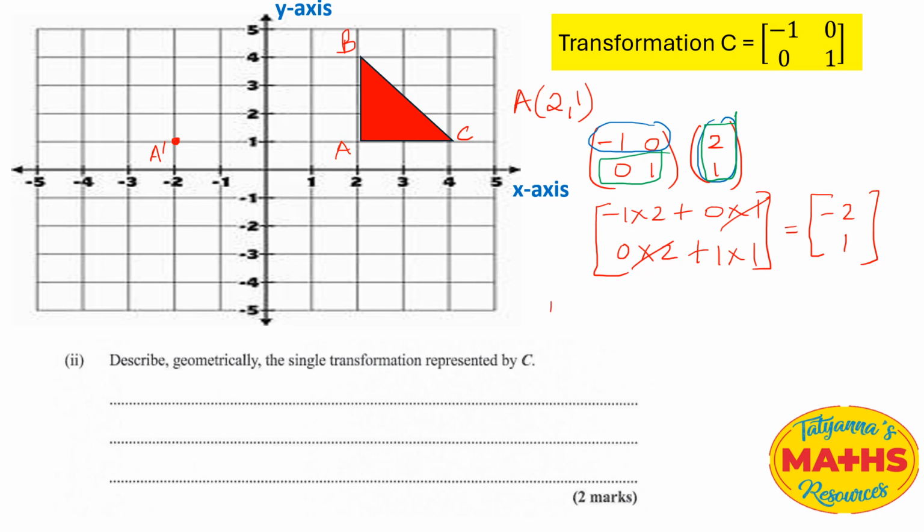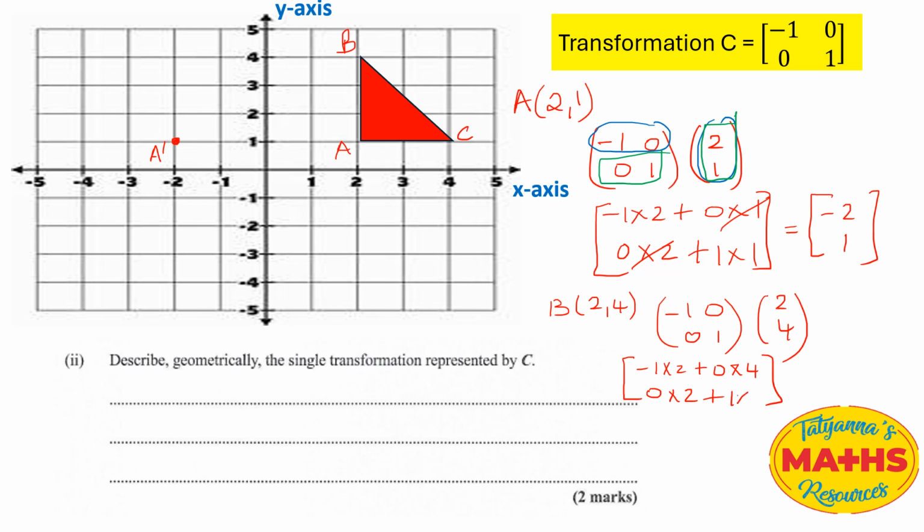Okay, you want to try another coordinate? Let's try B. So B is 2, 4. We're going to multiply -1, 0, 0, 1 by 2, 4. That is going to give us -1 by 2 plus 0 by 4, 0 by 2 plus 1 by 4. So we're going to get -2 and 4.